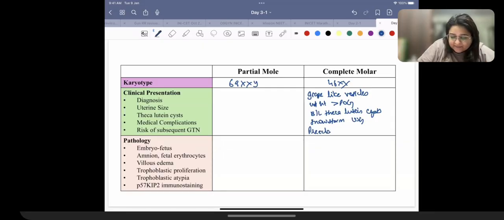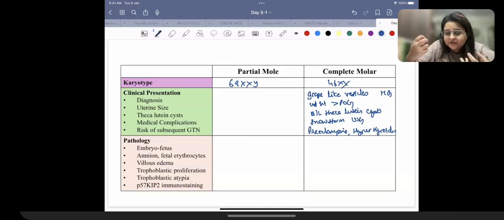You'll have the typical association with preeclampsia, which is not seen nowadays, because this is when these were diagnosed in the third trimester. Now we diagnose everything in the first trimester. But these are classical associations: preeclampsia, hyperthyroidism, hyperemesis gravidarum. This was the classical picture, the description of a molar pregnancy, and it is usually with complete mole.